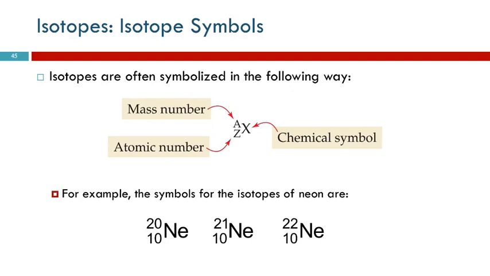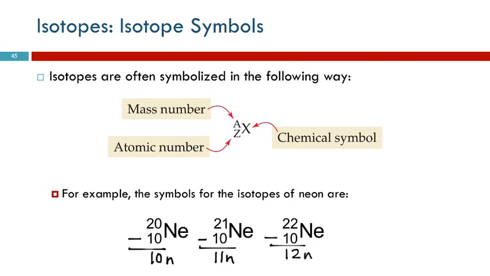So you said the mass number was the number of protons and neutrons? Yeah, it's protons plus neutrons. And sometimes we need to know how many neutrons each of these isotopes has. It's actually kind of convenient this way. It's stacked up so that you can just subtract. 20 minus 10 is 10, so this one has 10 neutrons. 21 minus 10 is 11, so this one has 11 neutrons. 22 minus 10 is 12, so this one has 12 neutrons.